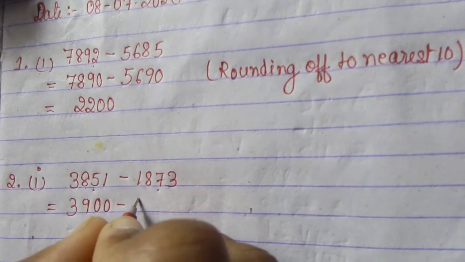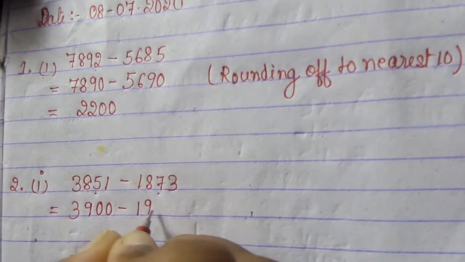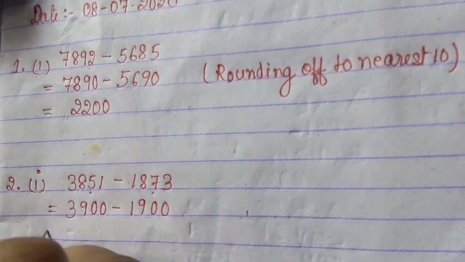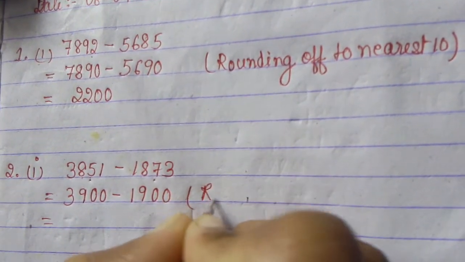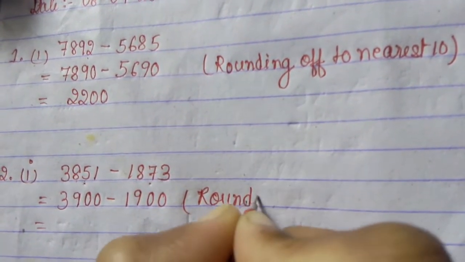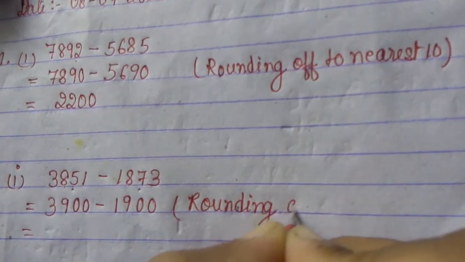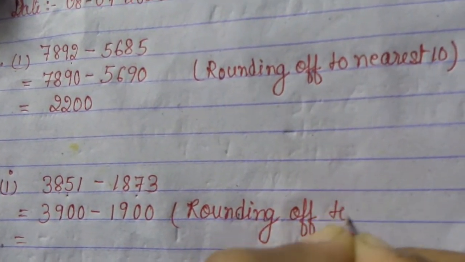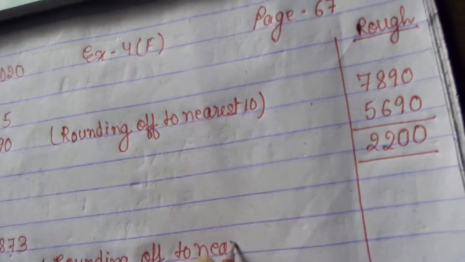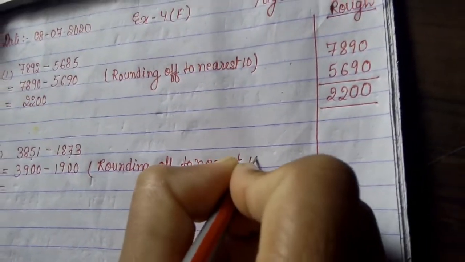Again we will increase the number. So 1900. Here we have to write rounding off to nearest 100.